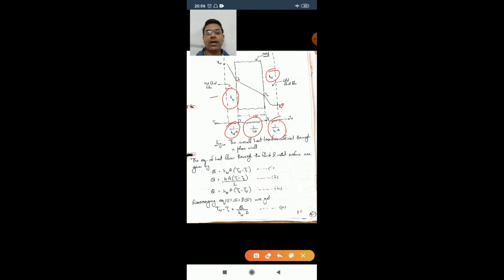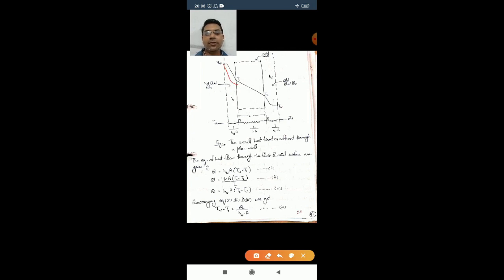Now I have written the heat transfer equation for all the three surfaces. What are the three surfaces? First is heat transfer from the hot fluid to the metal surface.